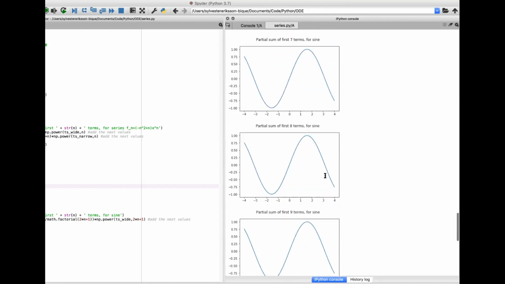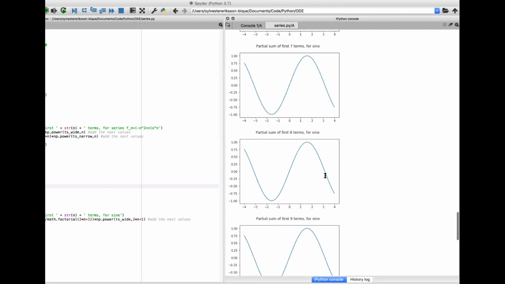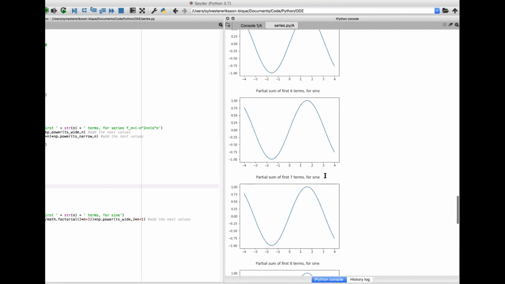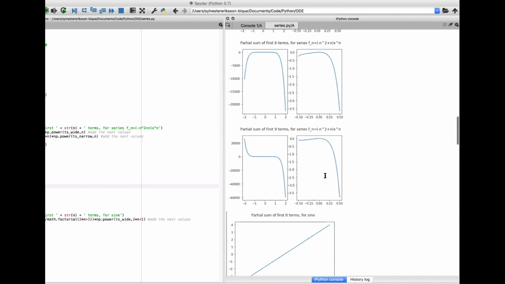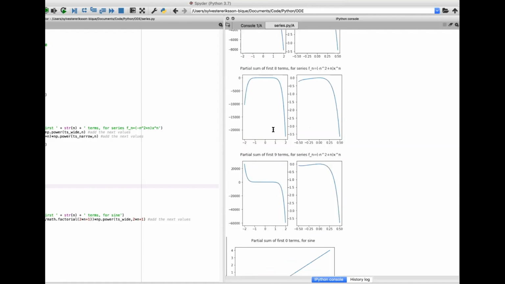At least the shape of the graph is already correct. In the case of sine, we could take any interval that we want, because it turns out that the convergence happens everywhere, in contrast to this example where the convergence happens only in (-1, 1). So with power series, we see through these examples that there's a region of convergence outside of which usually things blow up, become very big or very small. Any questions so far?